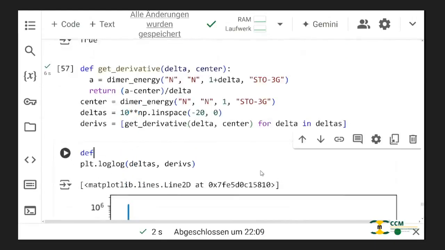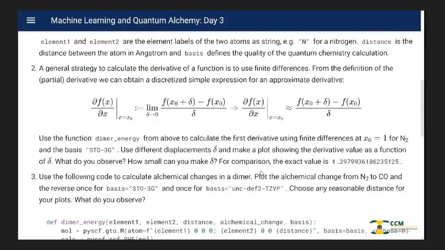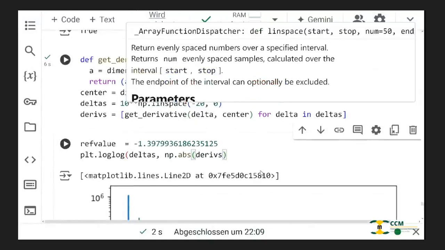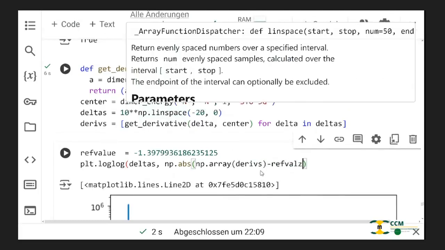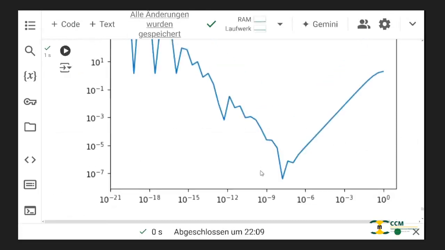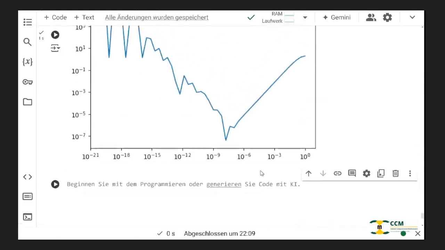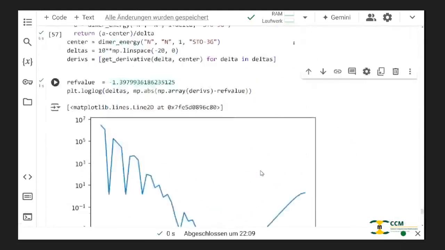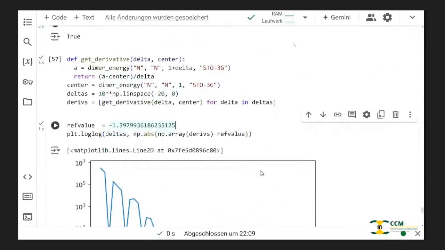Now, we know the reference value because I calculated the correct value before. So this is now the average error. Let's go through step by step what's going on.